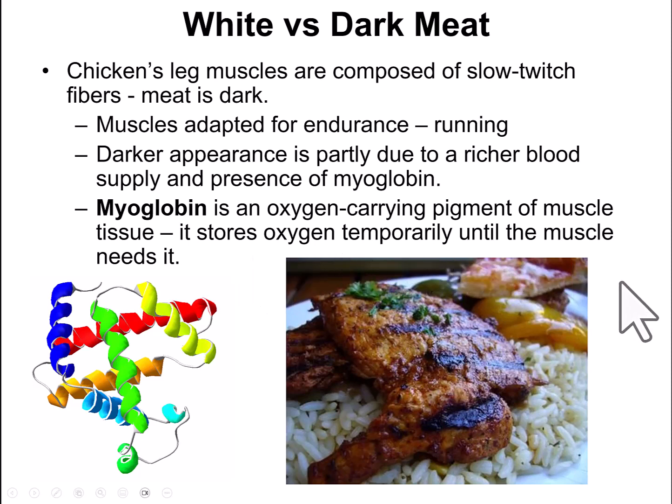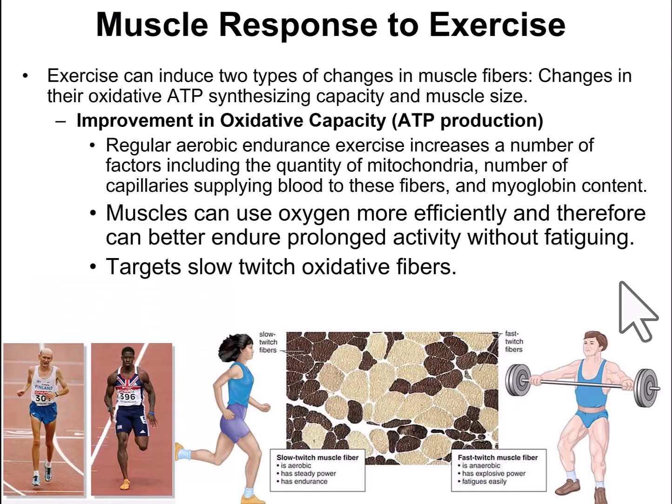that aerobic respiration. When you look at skeletal muscle response to exercise, well, exercise can induce two types of changes in muscle fibers. Changes in their oxidative ATP synthesizing capacity and muscle size. When you look at the improvement of oxidative capacity, the ability to make ATP, well, regular aerobic endurance exercise increases a number of factors, including the quantity of mitochondria, the number of capillaries supplying blood to these fibers, and their myoglobin content.